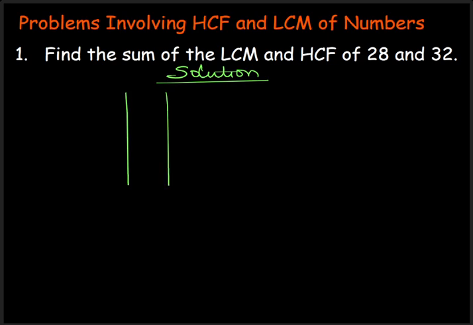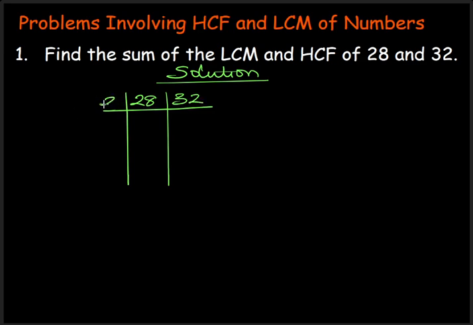With our knowledge of LCM and HCF, we can do them separately and then add to get our answer. But let's also see what will happen if we use one table to get the LCM and HCF. So this is 28 and this is 32.